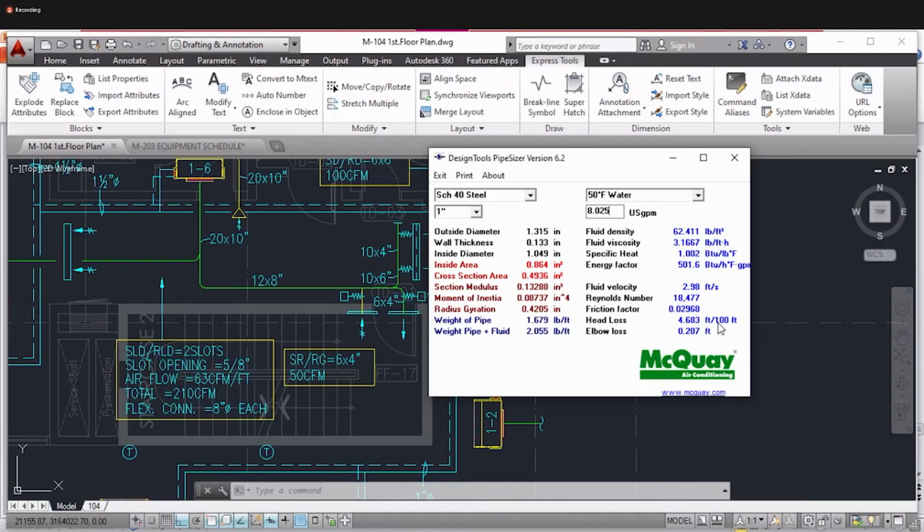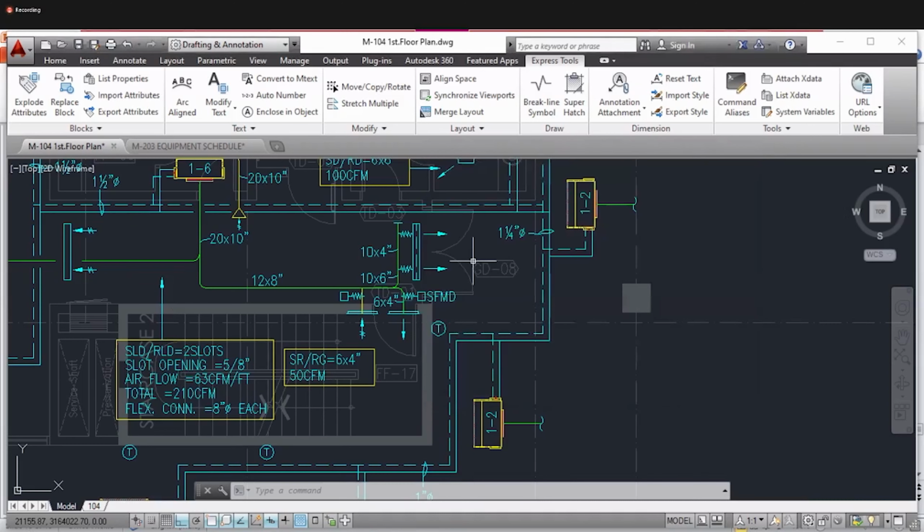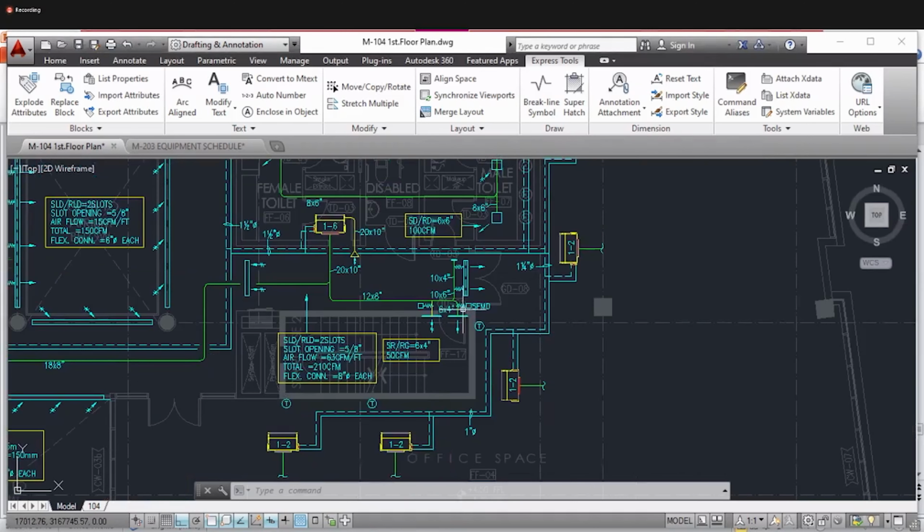It should be below 4 feet per 100 feet. So we will go with 1 1/4 inch, with 8 GPM. Now we are in the safe range for head loss and fluid velocity. So this is how we have to calculate the pipe size.